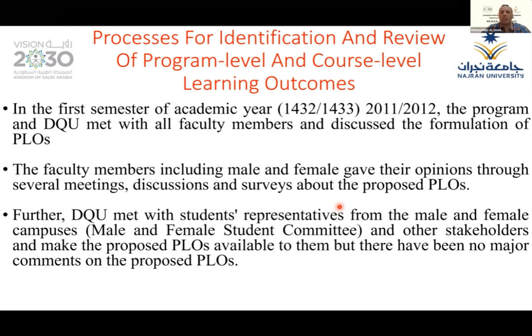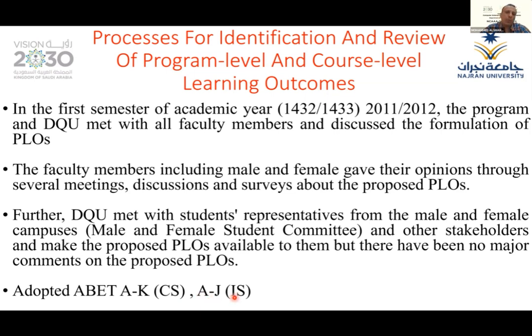No major changes about ABET, even though at that time, 2011, 2012, they considered male and female students and other stakeholders. This is what is written in the SSR, and there were no major comments on the proposed PLOs, which were exactly the ABET A to K for CS and ABET A to J for IS.